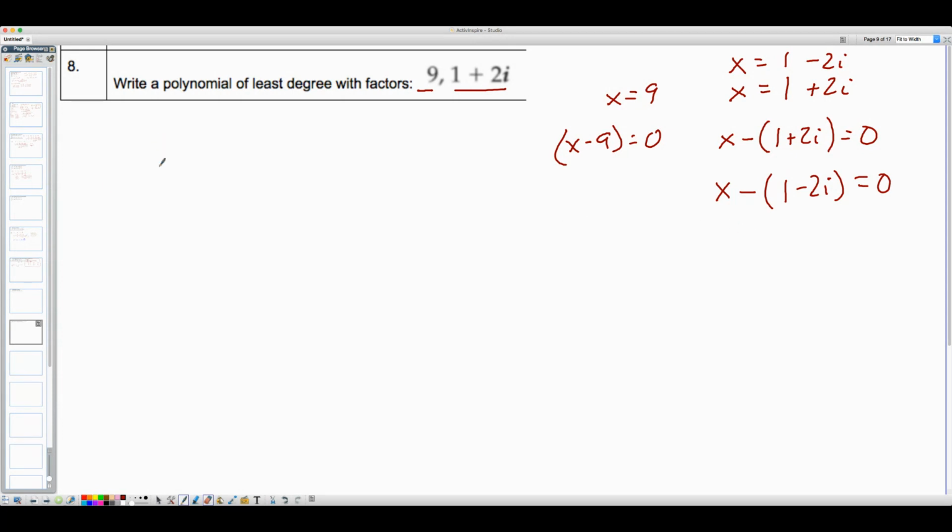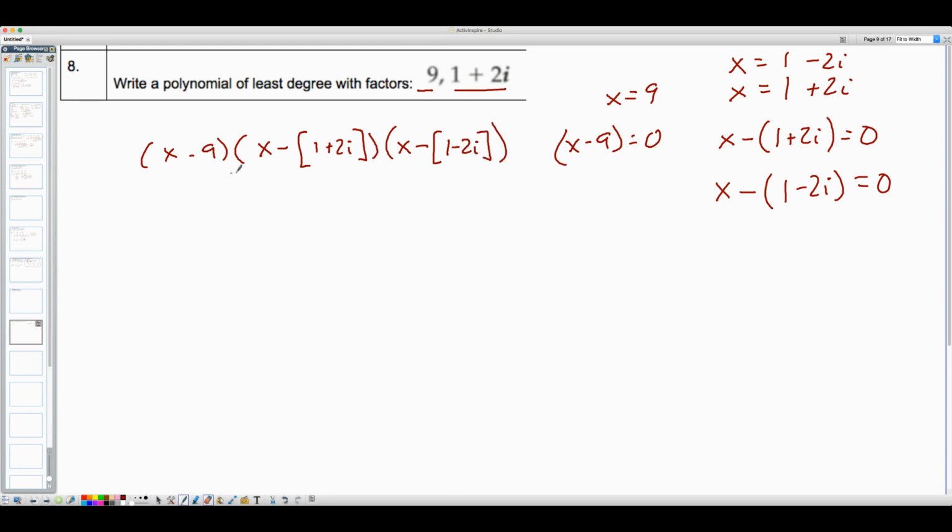And so let's work it out. We have x minus 9 times x minus 1 plus 2i times x minus 1 minus 2i.